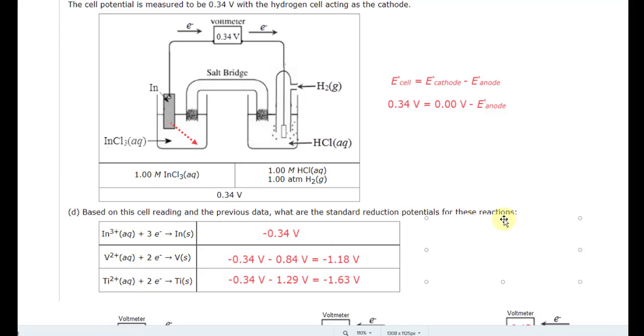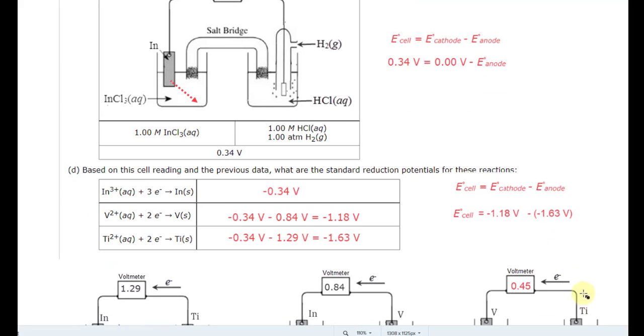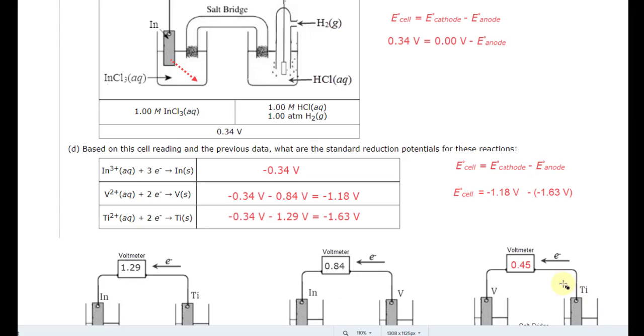We can do the same thing for our other substances, using that same equation. If we remember, the voltage of the vanadium titanium cell was 0.45.